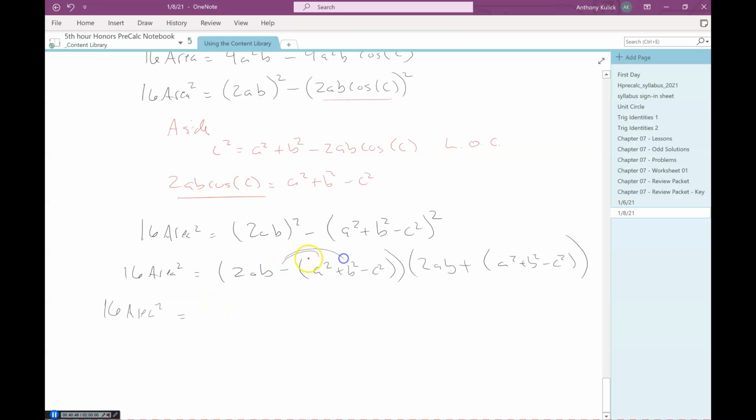So I'm going to go ahead and distribute the negative sign through. So that's going to give me negative a squared minus b squared plus c squared plus 2ab. I don't know why I wrote it in that order. And similarly over here, actually let's write it in this order. It doesn't really matter here, but I'm going to do this because it'll make it a little bit more obvious what I'm about to do.